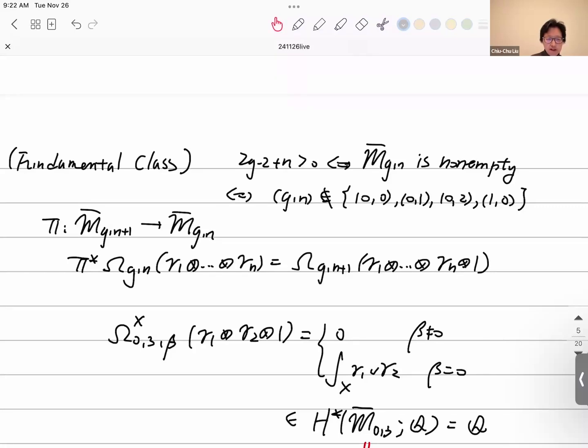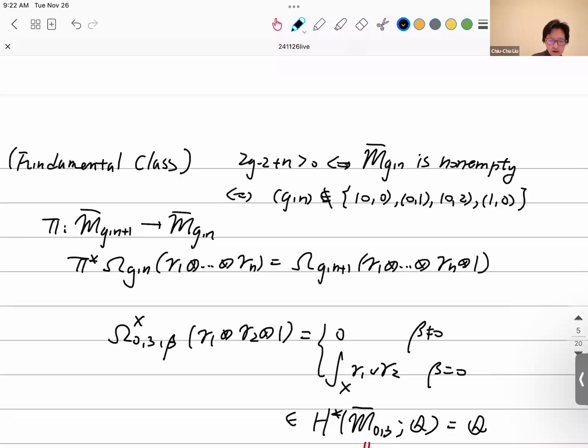So the fundamental class axiom says if we pull back, oh yeah, actually there should be omega g,m beta. I forgot the beta.